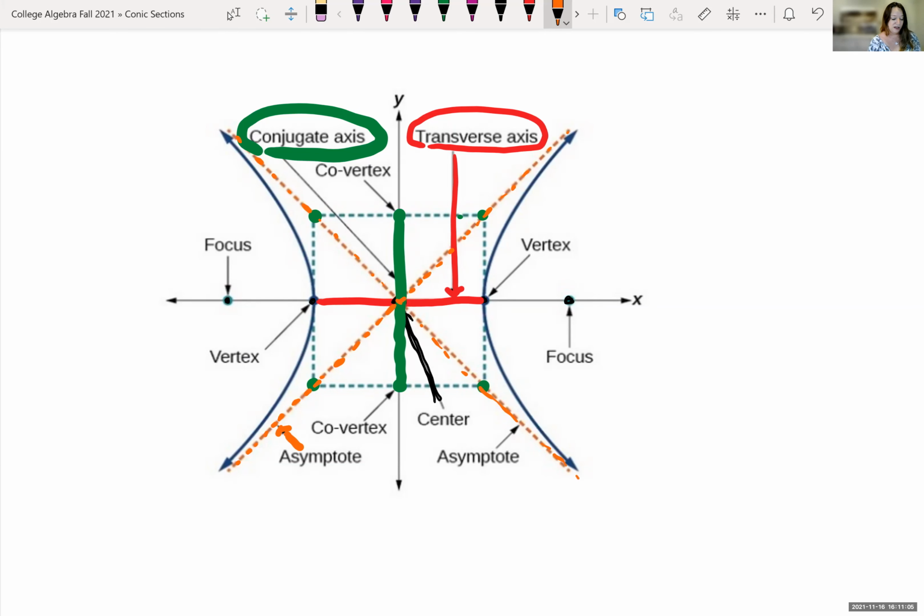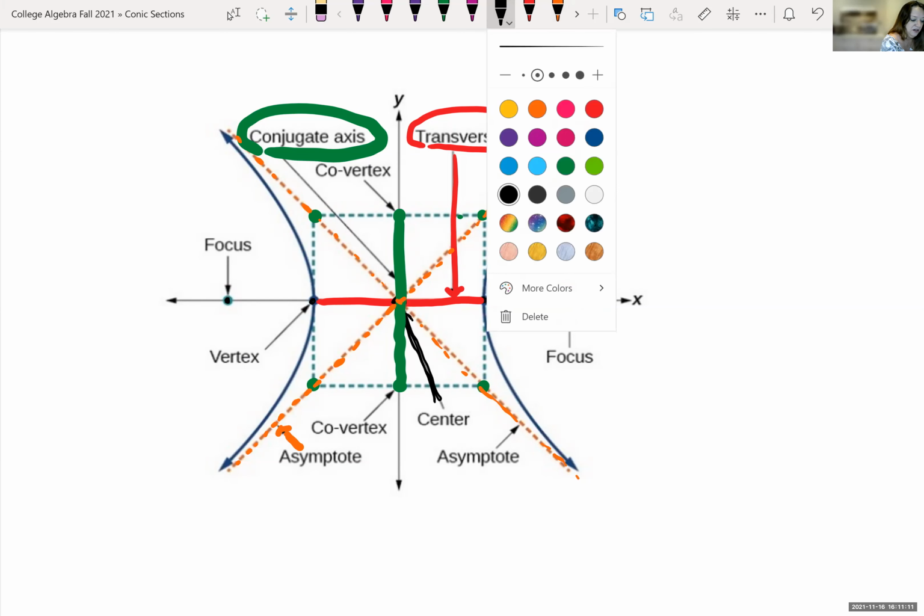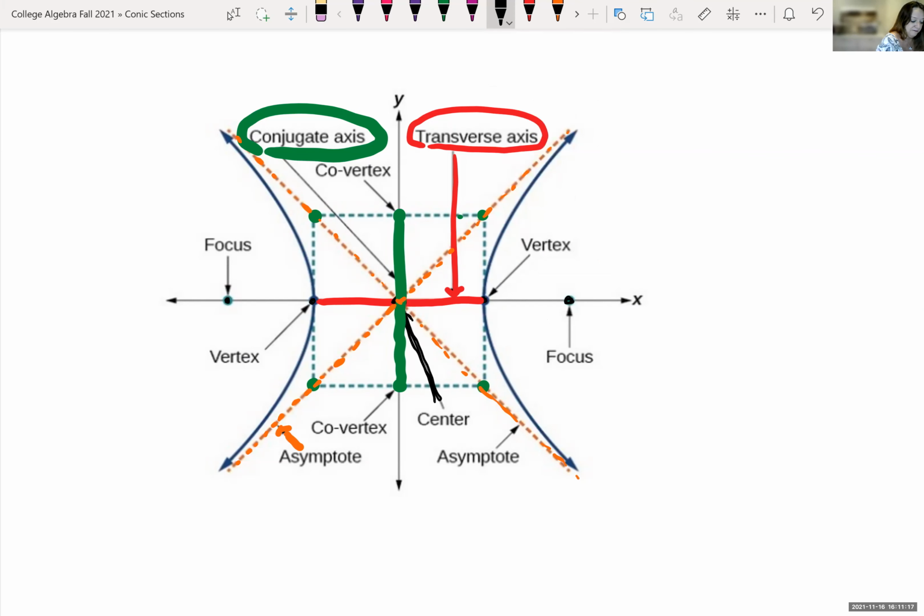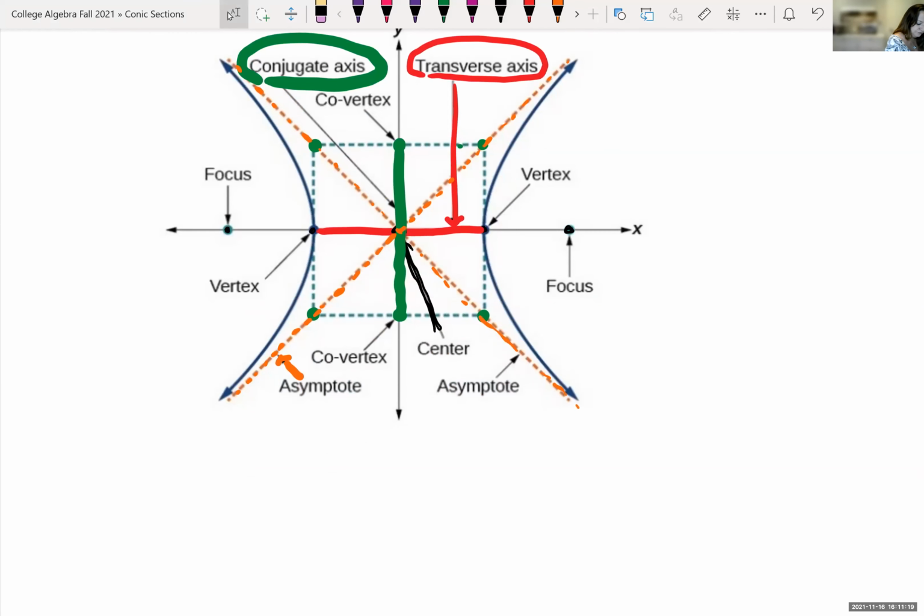Okay, so let me give you what this looks like in standard form. If we were facing towards the x-axis, then we have the following. It almost looks exactly like an ellipse, but I'll show you the difference.